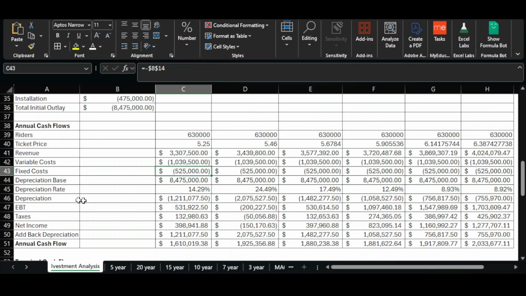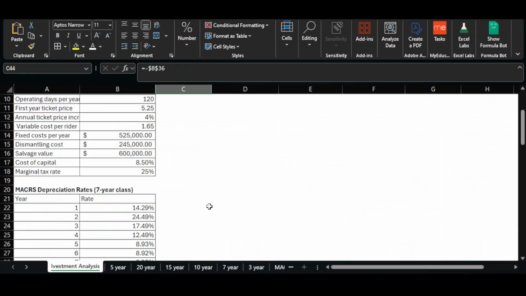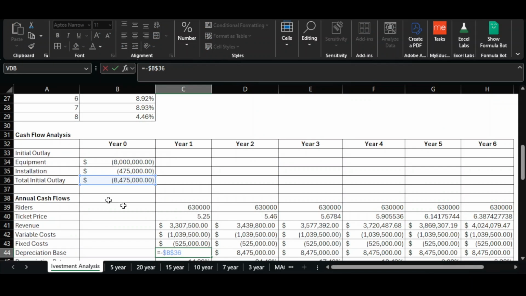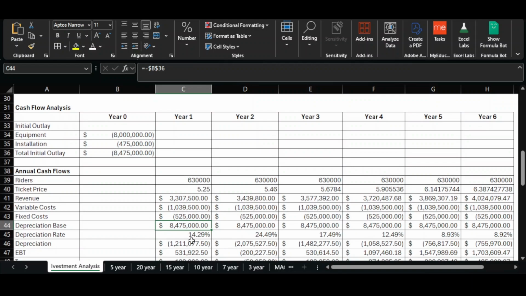That's understood. Now the depreciation base is simply the investment, the total outlay, and that is simply referring to this thing that you've declared on the upper part of the cash flow analysis table. And again, it's an accounting format, so it's negative because... actually, ignore that. It is what it is. It's just the value of the asset right here.